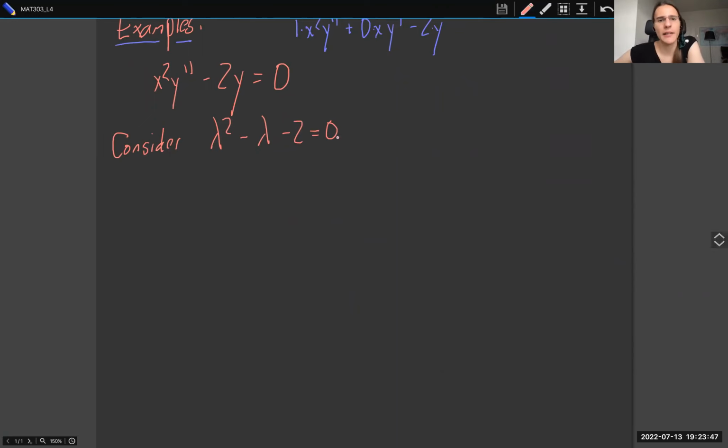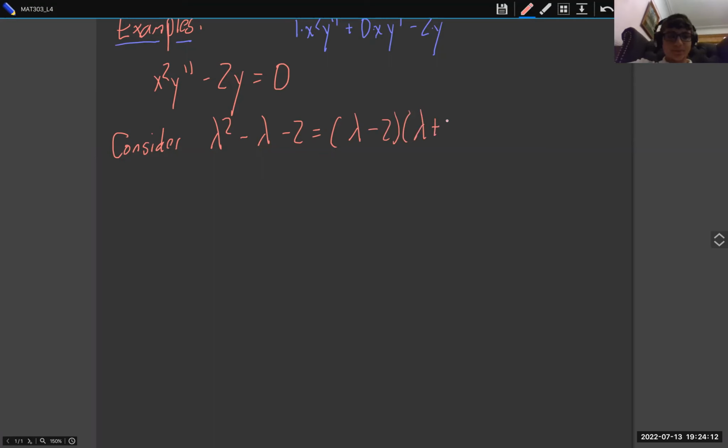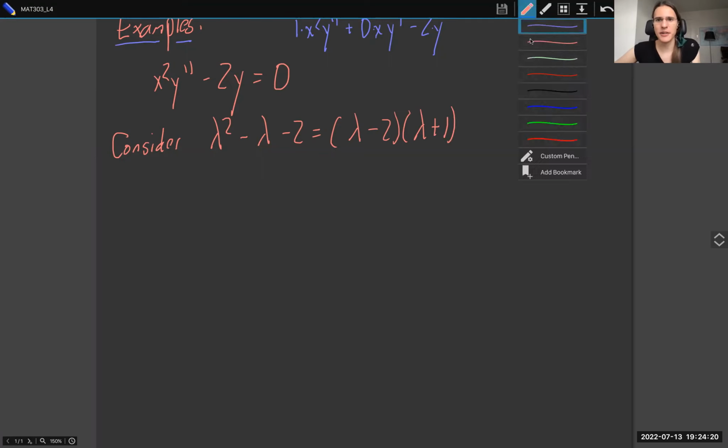And well, so instead of writing equals to 0, how do I factor this? Lambda minus 2 times lambda plus 1. I cut off at the end, but anyway, yes, that's correct. So that's the factorization. So these are two distinct roots, and the roots are going to be 2 and -1.